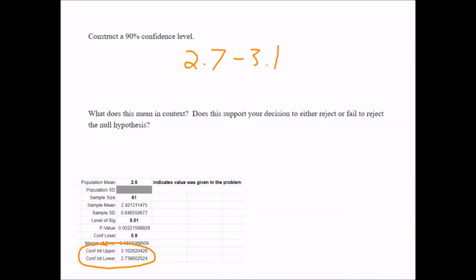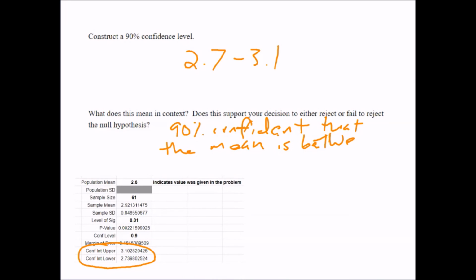So what does that mean? We're 90% confident that the mean arrowhead length is between 2.7 and 3.1 centimeters.